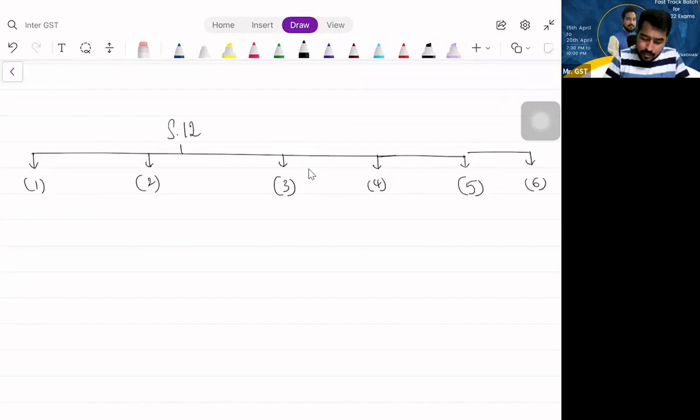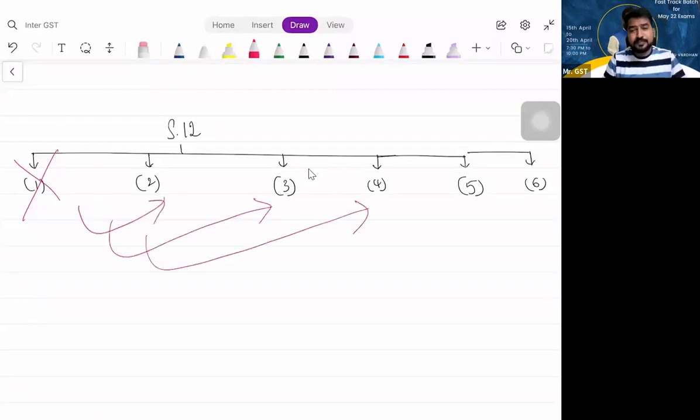In this, section 12 subsection 1 is a waste subsection. Why? Because it only says, what is the time of supply? Please refer to the following subsections. For that, you don't need a separate subsection. Fine. So, leave subsection 1.